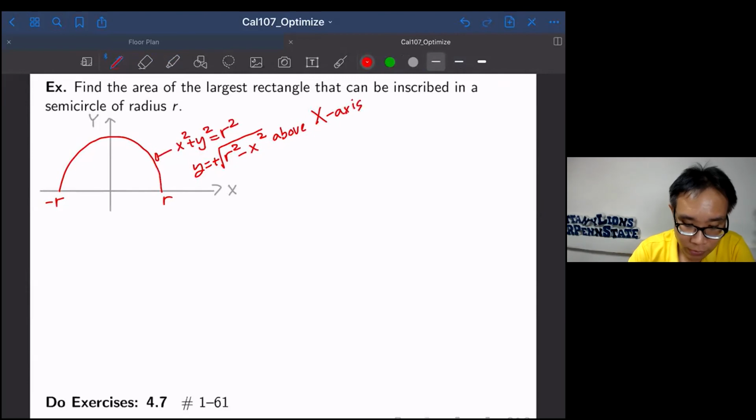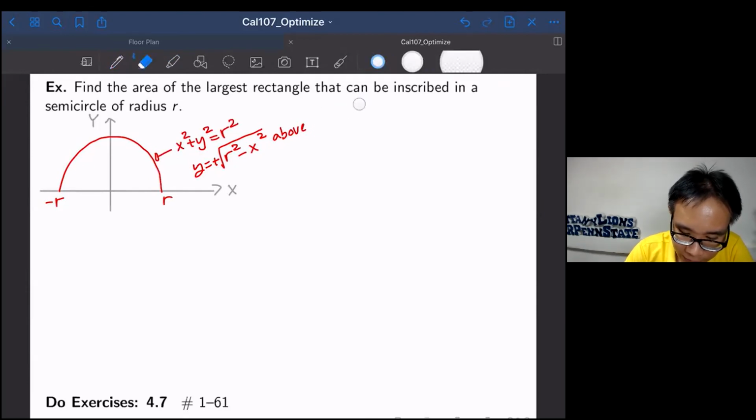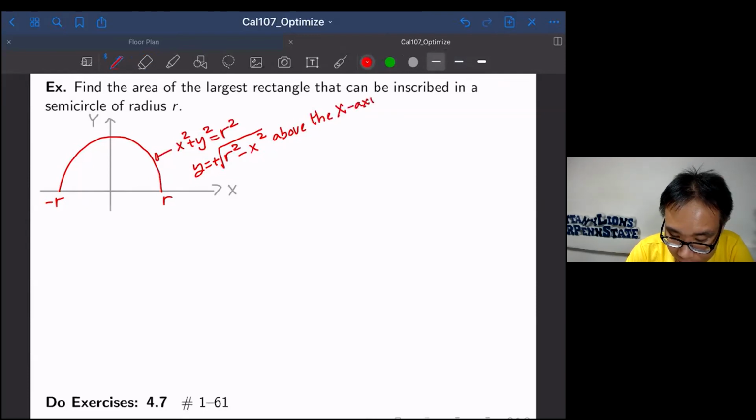So this one is the upper semicircle, so you get the positive side.